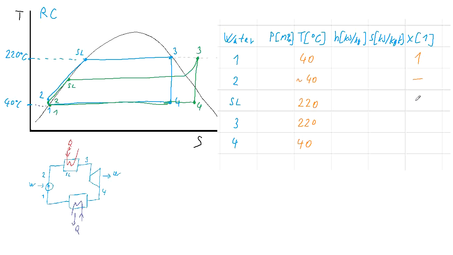But saturated liquid, so the steam quality at point 1 is 0, it's saturated liquid. At the point 2 it's subcooled liquid, so it doesn't have a value.